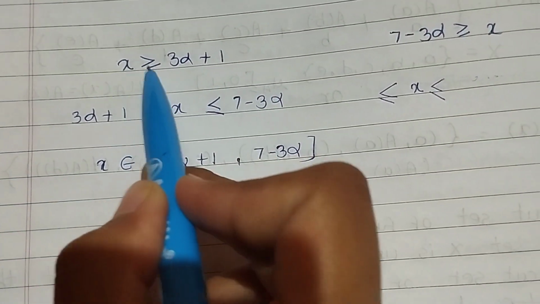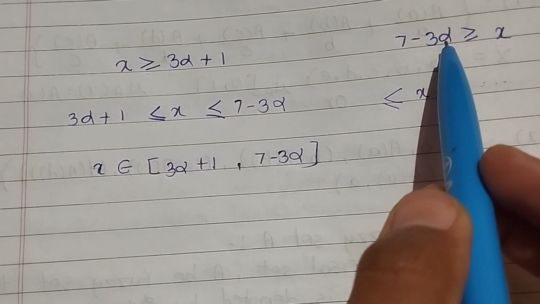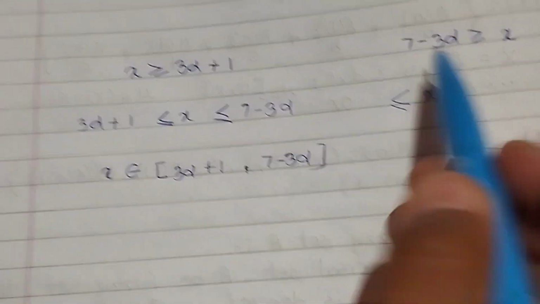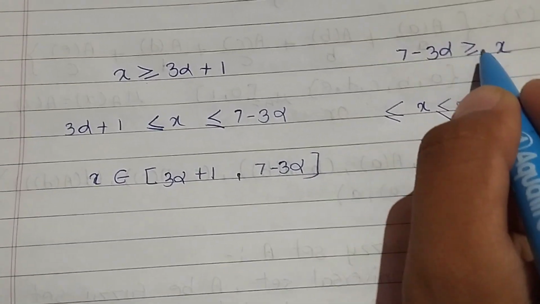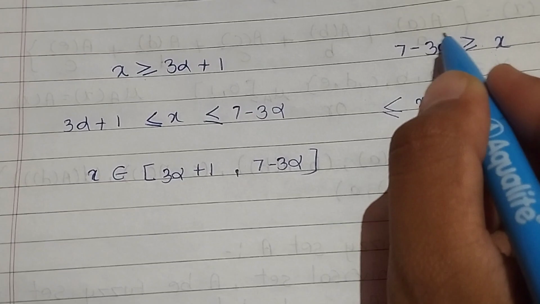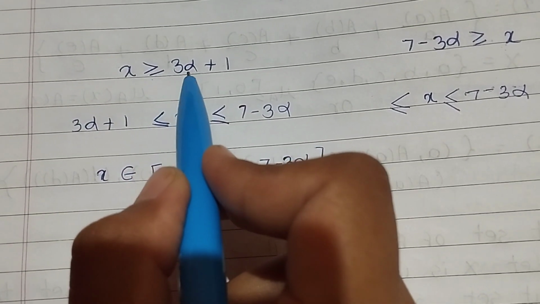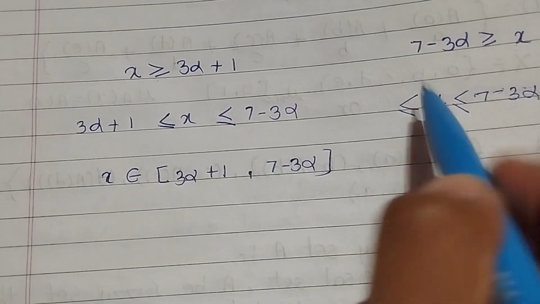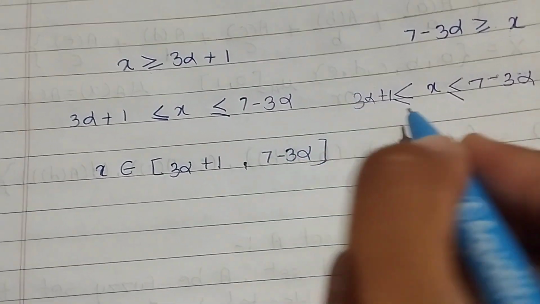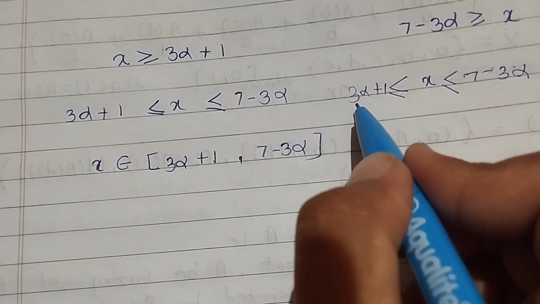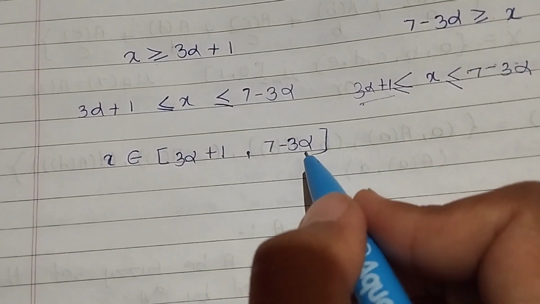Here x is greater than this value, and here x is smaller than 7 minus 3 alpha, so this value comes here because we want x smaller. Here x is smaller than 7 minus 3 alpha, and x is greater than 3 alpha plus 1. On this basis we directly write the bound from 3 alpha plus 1 to 7 minus 3 alpha.